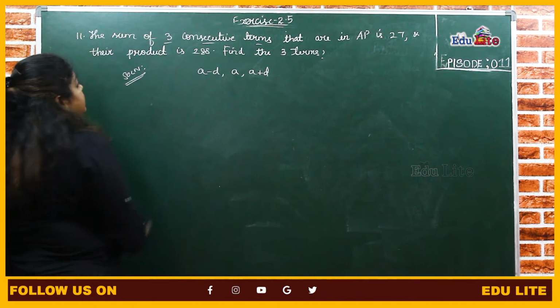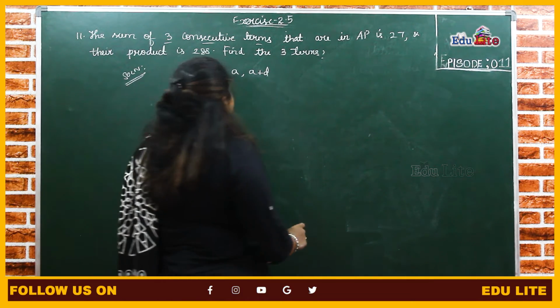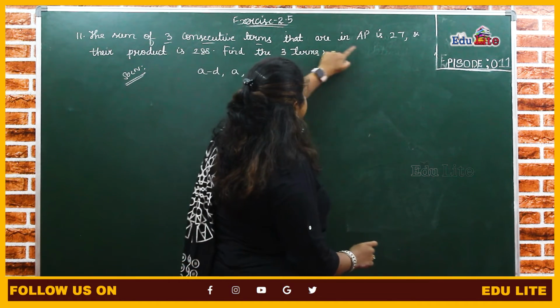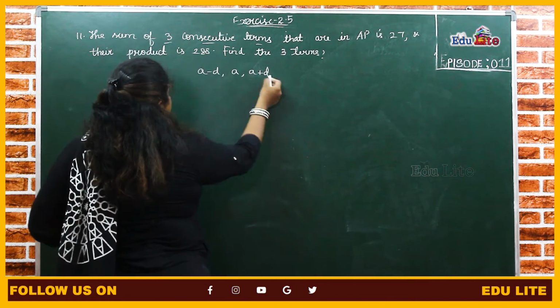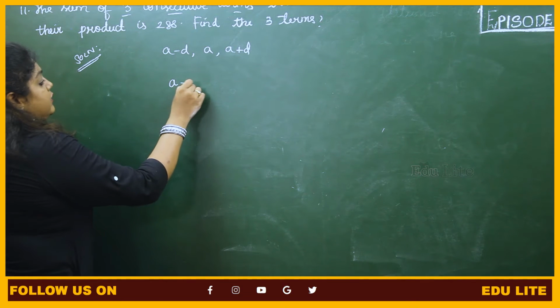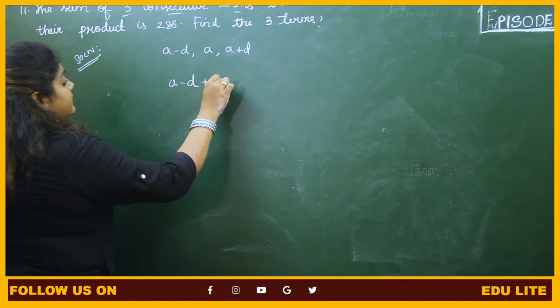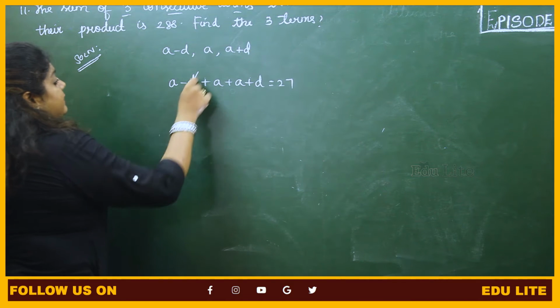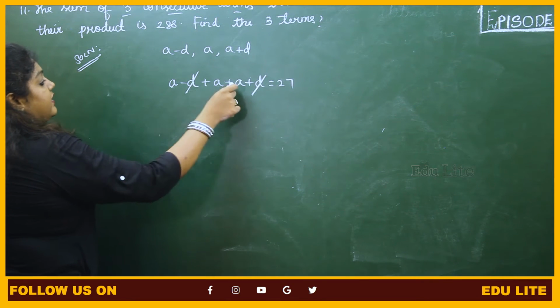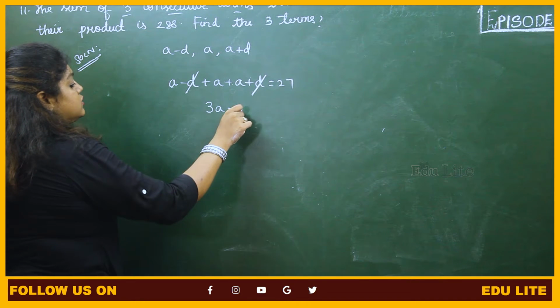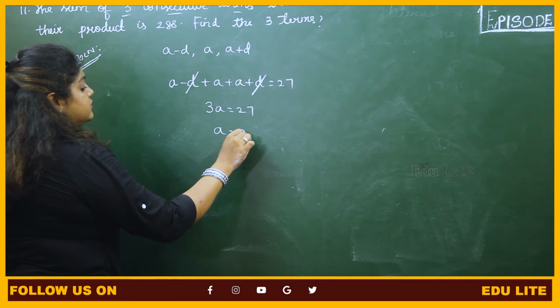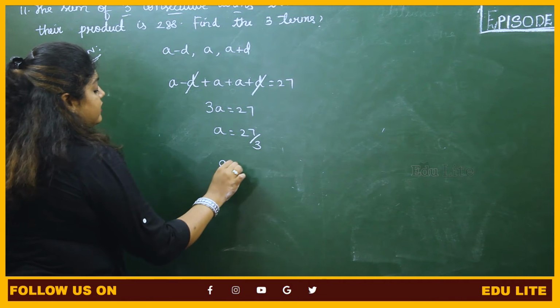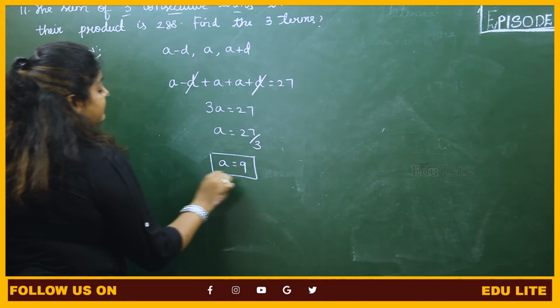The sum is 27, so adding all of these: a minus d plus a plus a plus d equals 27. The d and minus d get cancelled. 3 times a is equal to 27, so a equals 27 by 3, a equals 9. So we got the value of a.